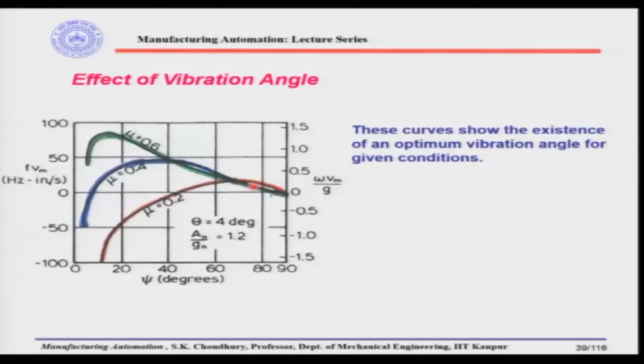For the effect of vibration angle, we said there is an optimum vibration angle for different values of mu s, the static coefficient of friction. As we increase the vibration angle, F into Vm increases, but it becomes stable after some time, and then it decreases because of the same effect as we have seen in the case of track acceleration.